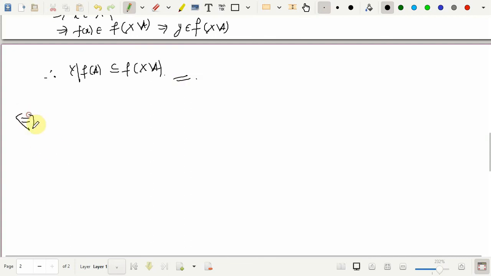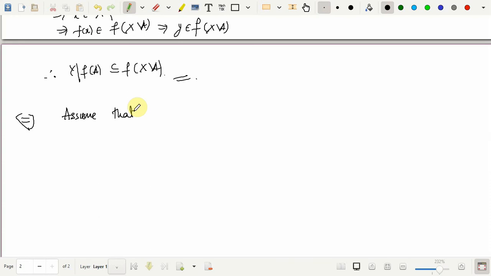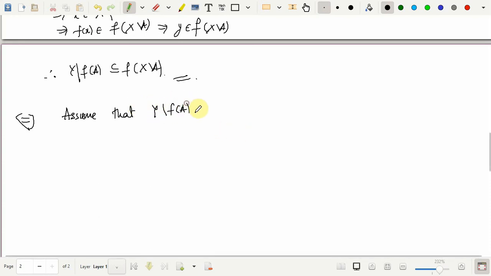Conversely, let's assume that Y difference f of A is contained in f of X difference A. We need to show that f is onto.